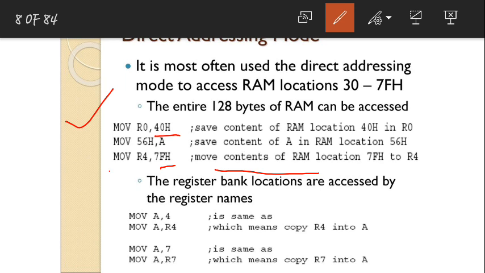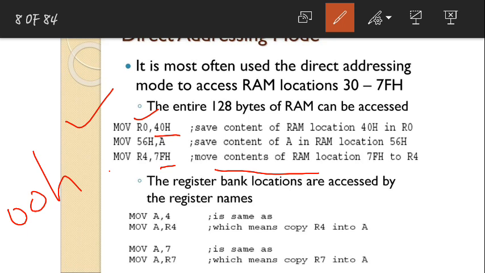See, whenever I say R0, even this is a RAM location, right? Because by default if I take bank 0, R0 is at location 00H. These 4 banks are there below the bit addressable area. You have 4 banks.